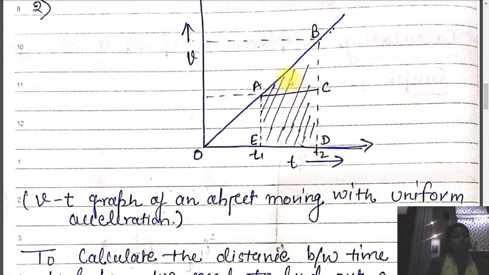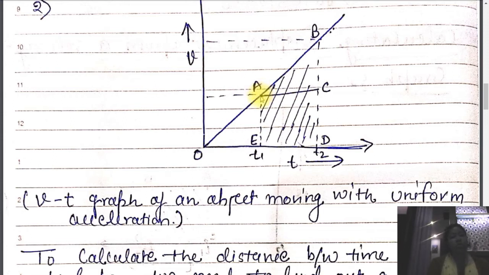Now in this particular case we do not have one simple shape for this enclosed area. So in the next step we will separate the graph into two sections.